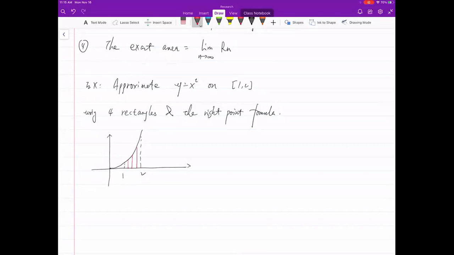Basically, you cut the whole interval into 4 parts. For each part, you do a rectangle. And moreover, for the height of the rectangle, you use the right endpoint formula. That's what we're looking for. Okay, from here you can see it's an overestimate because it's bigger than what it should be.